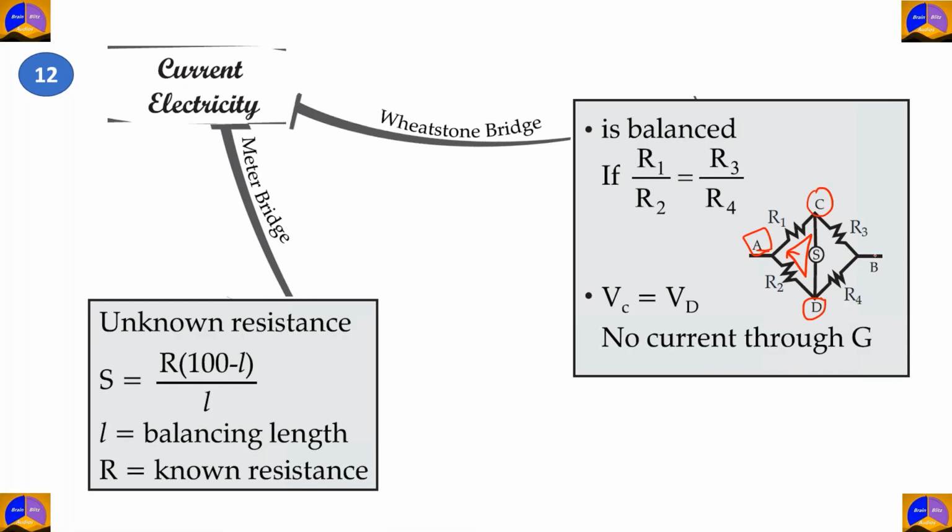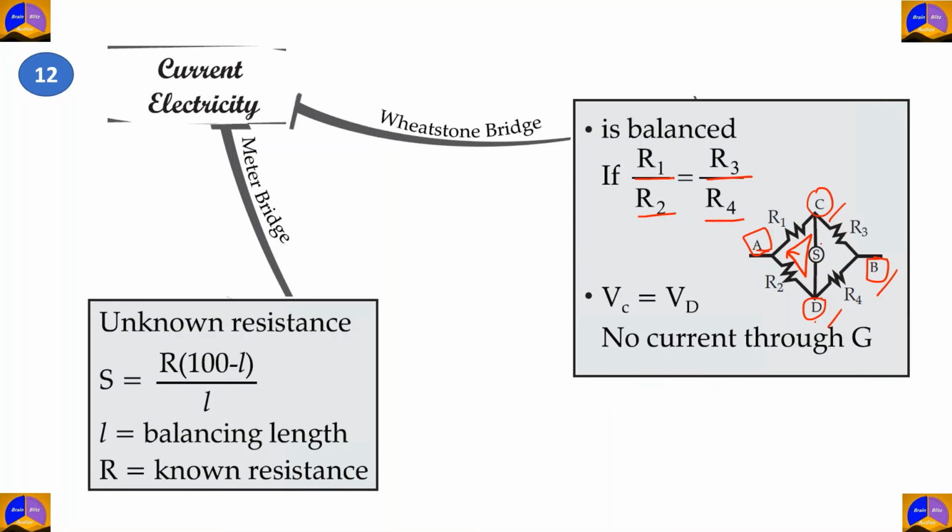Then we apply it on another loop, which is BDC. So we apply it independently, and then we get the formula R1 divided by R2 is equal to R3 divided by R4.